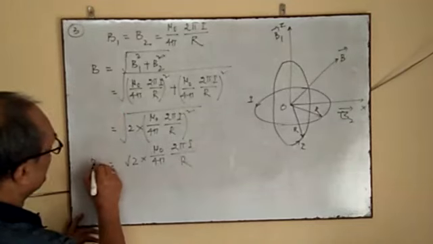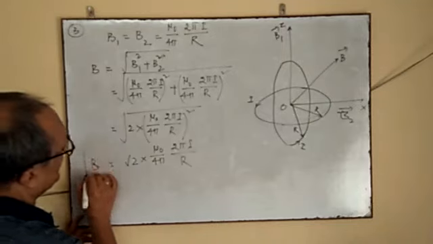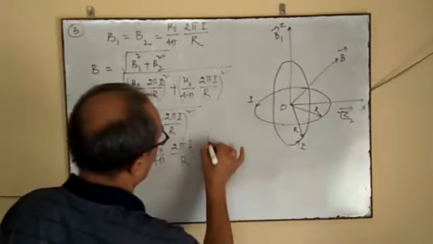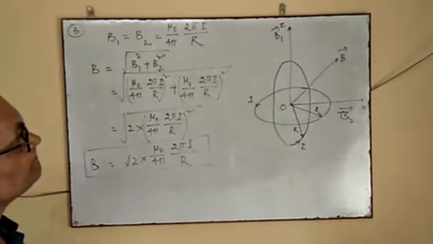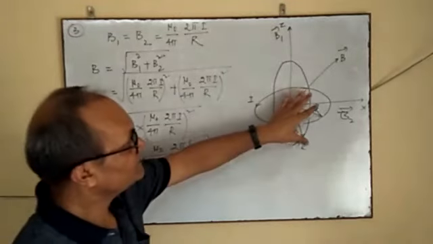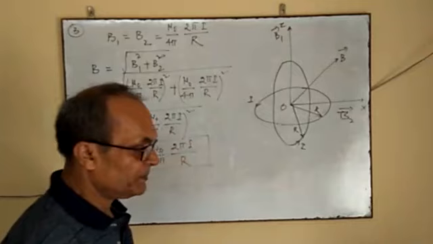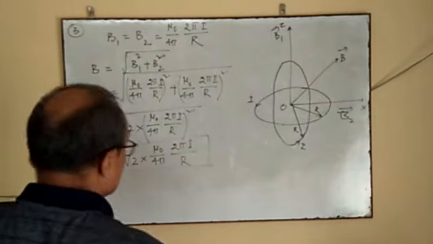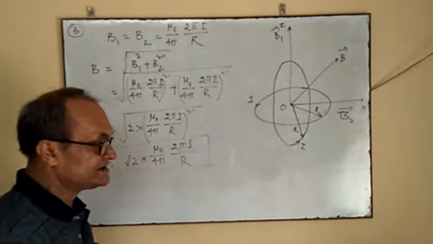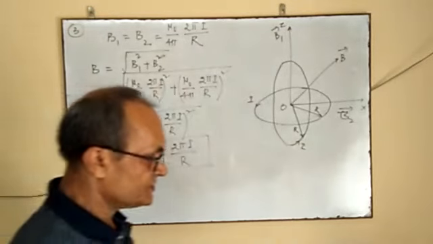So this is here the magnetic field due to these two mutually perpendicular identical circular coils carrying the same current.